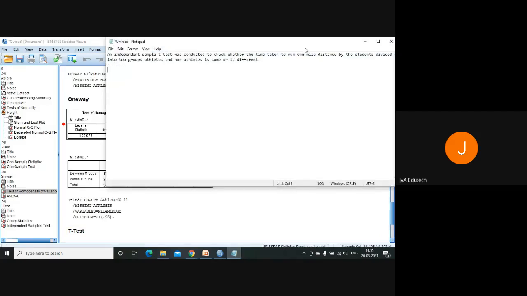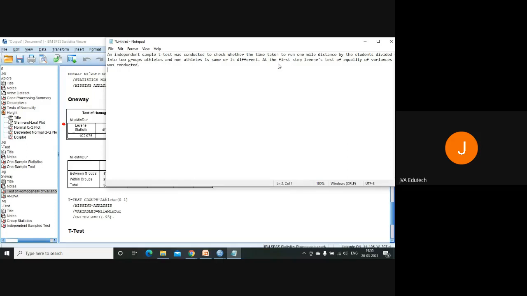So you can continue first, at the first step, Levene's test of equality of variances was conducted.